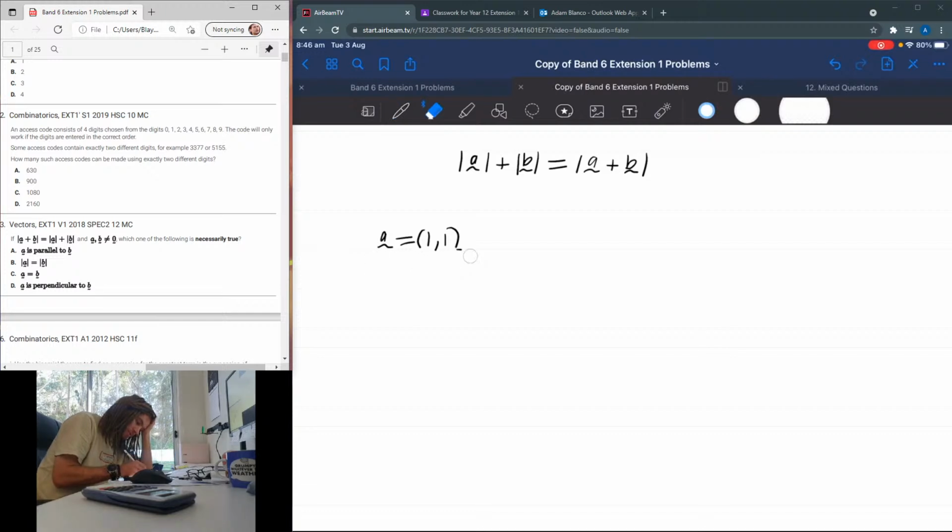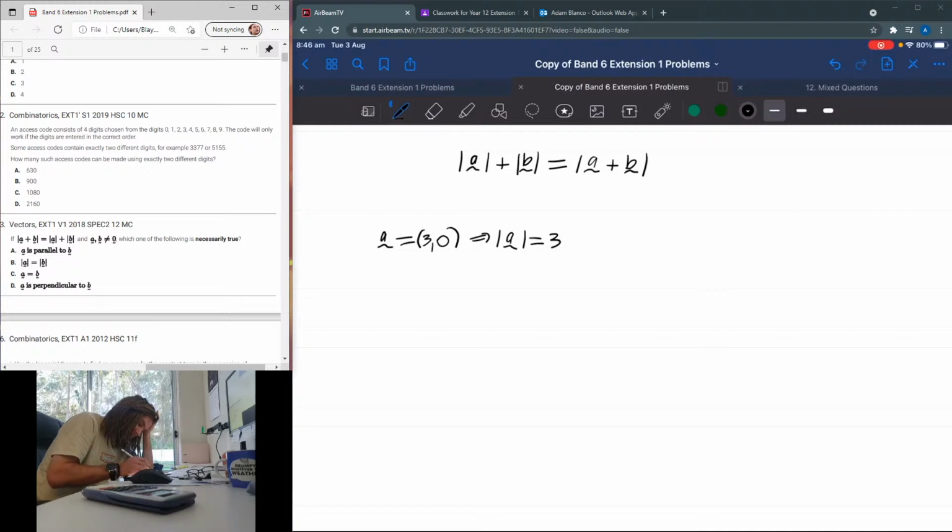Actually, let's go. So the modulus of that's root 2. Oh, I'm going to need one that's nice, aren't I? Let's go with one that's a nice number, so 3. Let me just go with a unit vector, so (3, 0). So the modulus of that is 3, so the square root of 9, so 3.